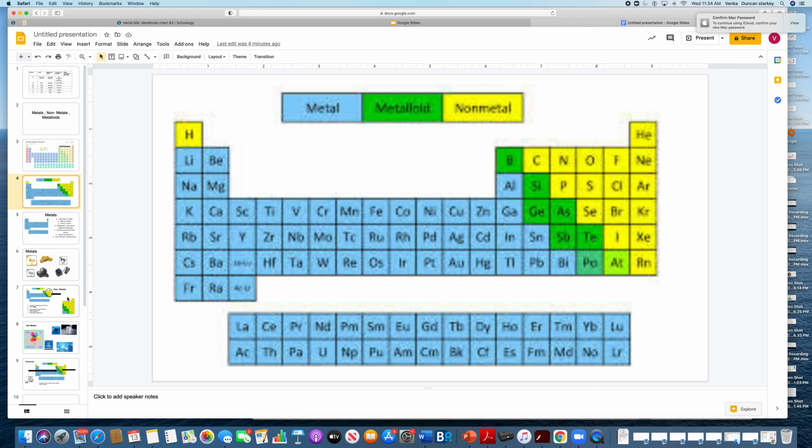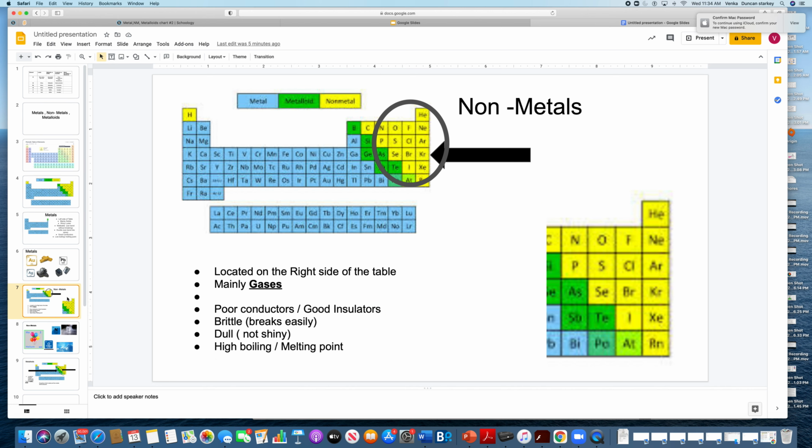Next, we have nonmetals. Nonmetals are located on the far right side of the periodic table. No matter what color they are, they're always going to be located on the far right side of the periodic table, as shown in this circle here.